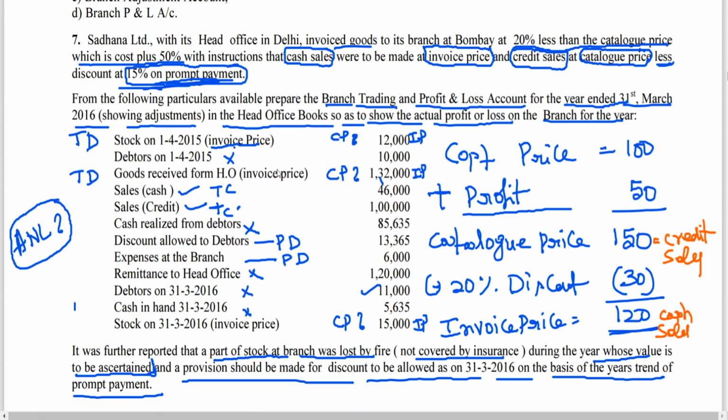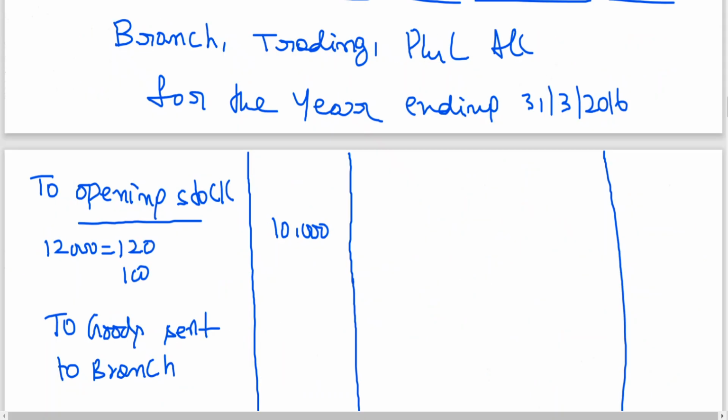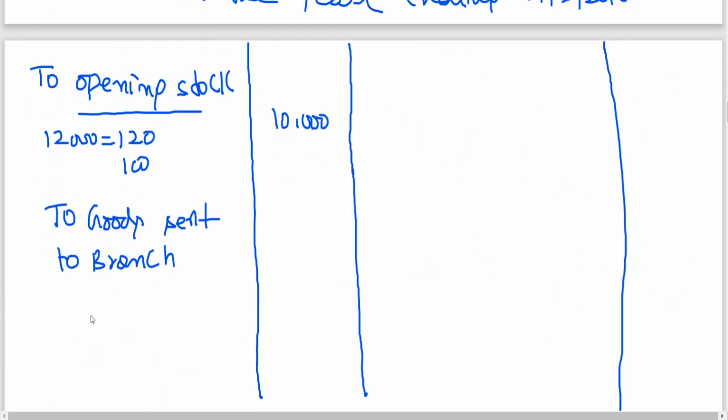Then 1,32,000 is at invoice. 100% how much? 1,10,000.